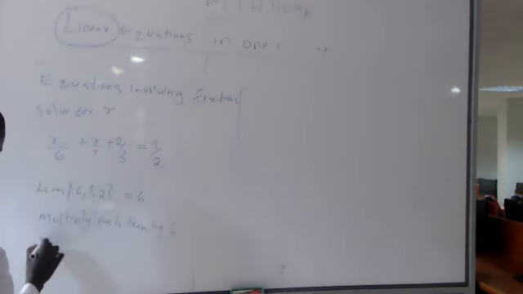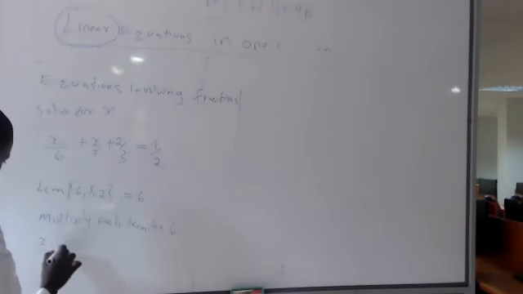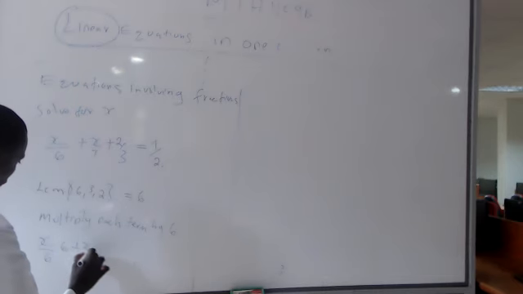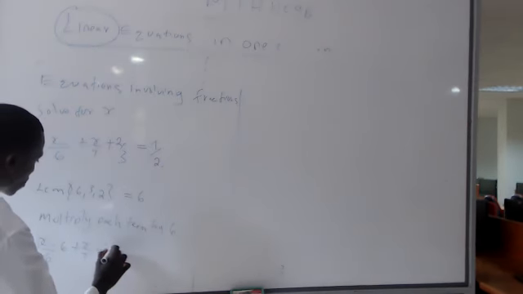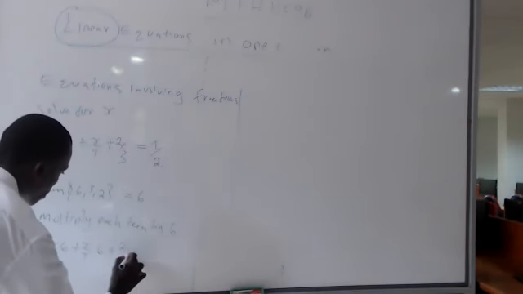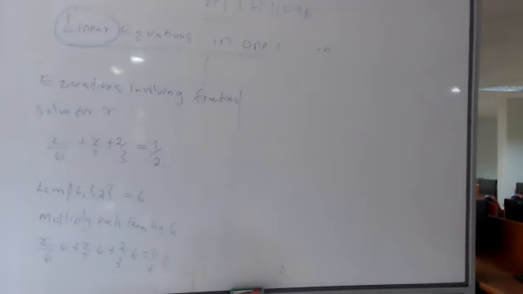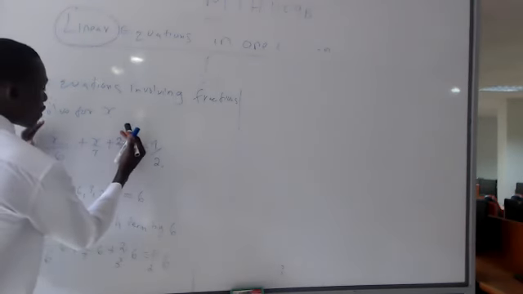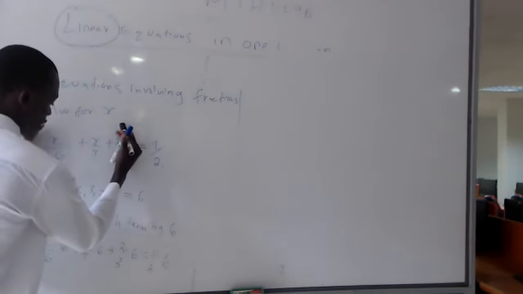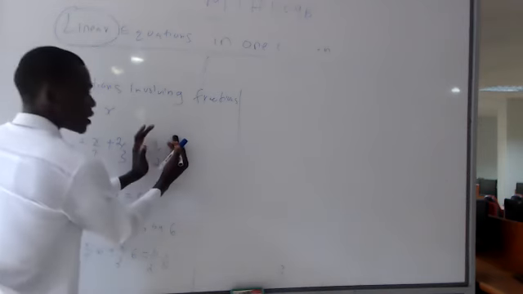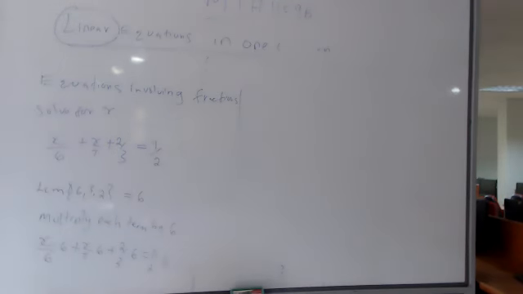So we will have x divided by 6 times 6 plus x divided by 1 times 6 plus 2 divided by 3 times 6 is equal to 1 divided by 2 times 6. We are multiplying each expression by the LCM. Remember, this is the same as applying the second rule, because we have multiplied the left-hand side by 6, and also the right-hand side by 6.